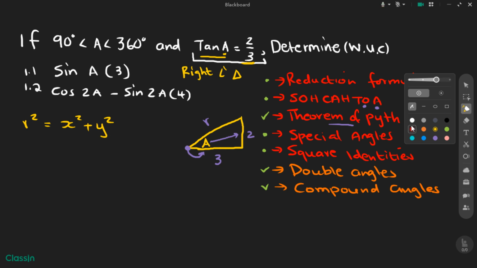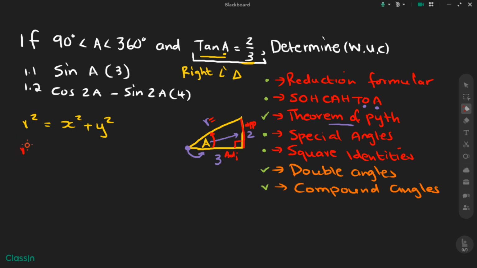Remember that the triangle you're working with here is a right angle triangle. The side far from the angle is what we call the opposite, and the side that is closer to the angle is what we call the adjacent. But here, the longest side of this triangle is what we call r.